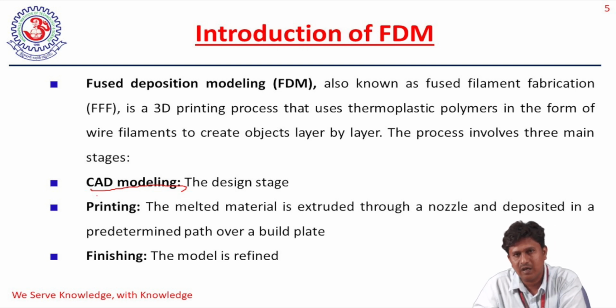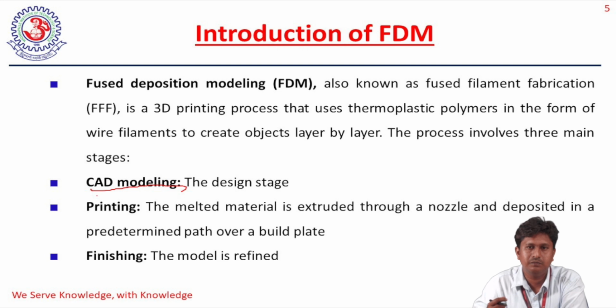In such components, support is very crucial during the printing. Because if you have support on the base of the component during printing, it will be deposited layer by layer. If there is no support to the component during the printing, then automatically the melted material will fall or deform.